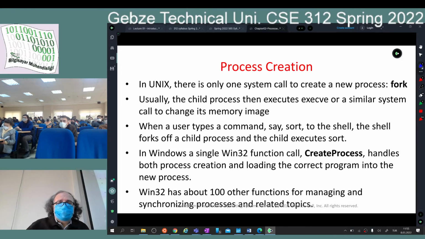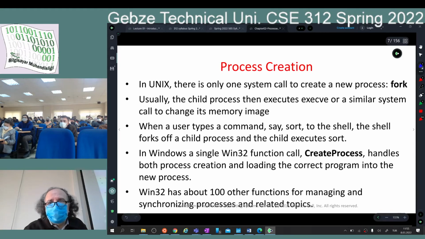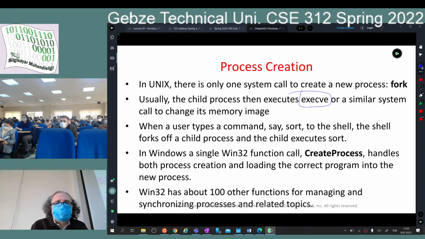After fork in Unix, you don't just do fork. You run exec with environment variables, or similar system procedures, to change your code to the desired program.